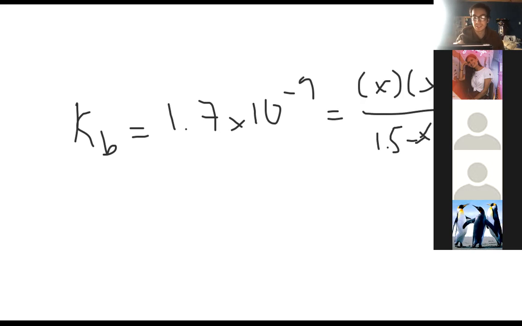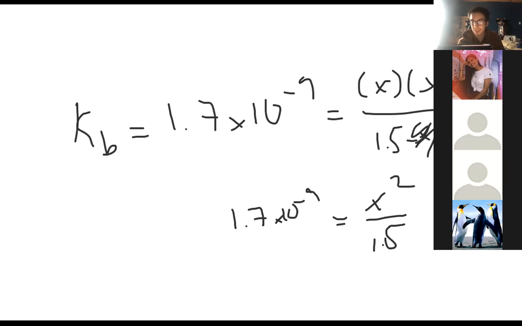Since we have 10 to the negative 9, we could use the shortcut, get rid of this x, solve x squared equals 1.5 times 1.7 times 10 to the negative 9, and solve for x, and we'll get our concentration of OH.